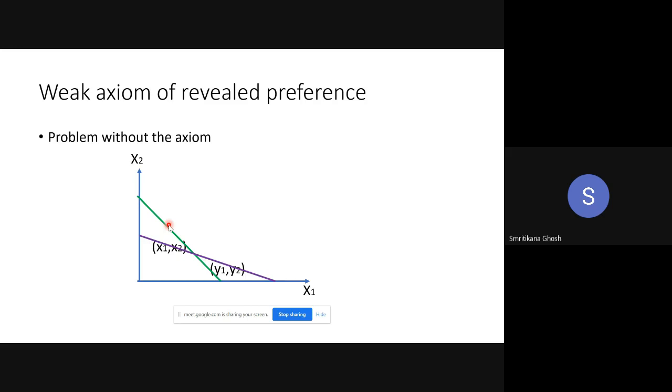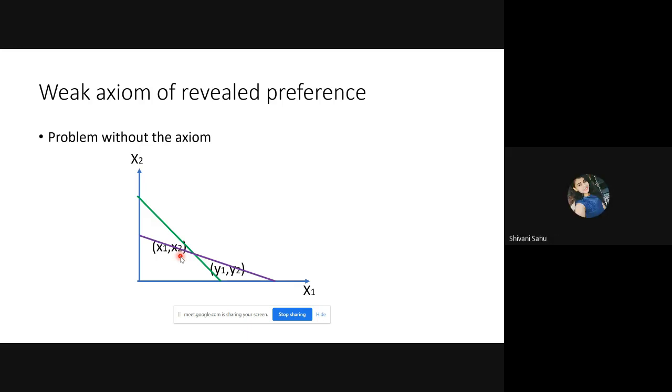If the budget line is the green one, then y1, y2 is on the budget line and x1, x2 is below the budget line. y1, y2 is on the green budget line and x1, x2 is below the green budget line. Up to this point, is it okay?